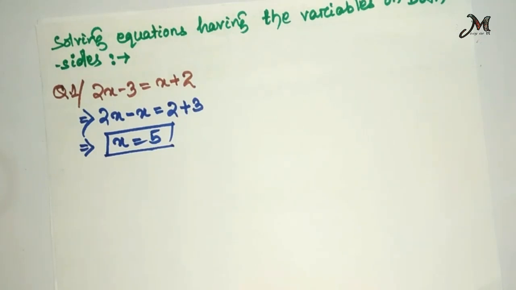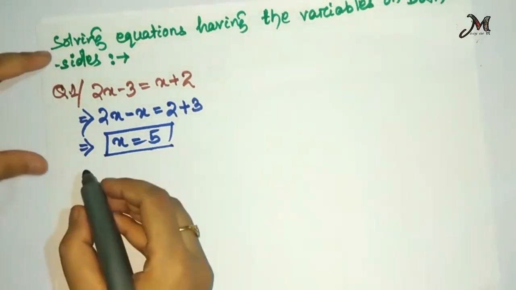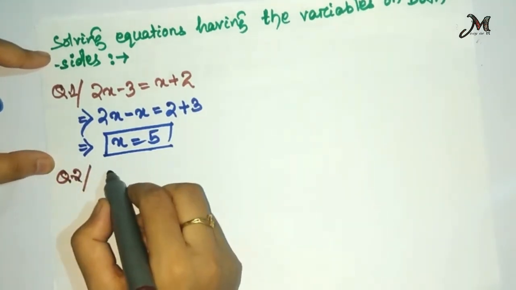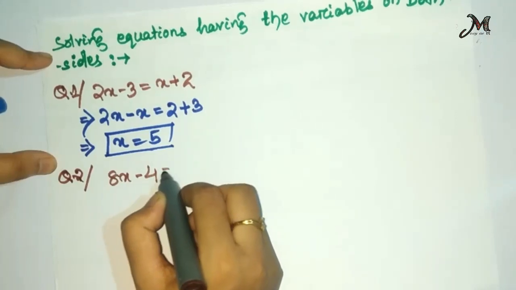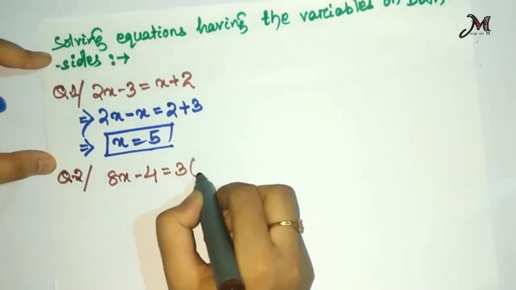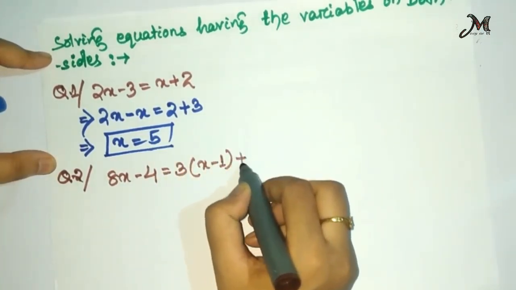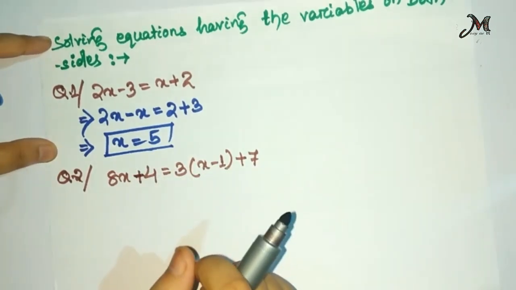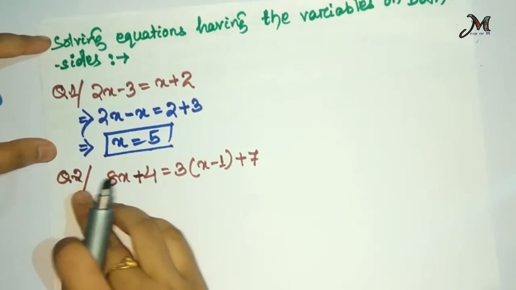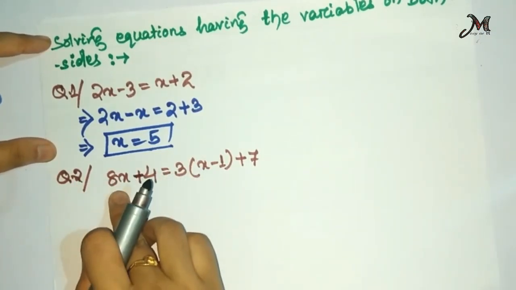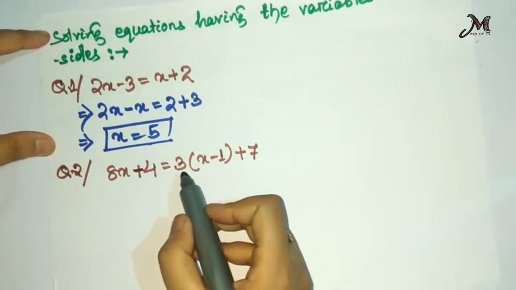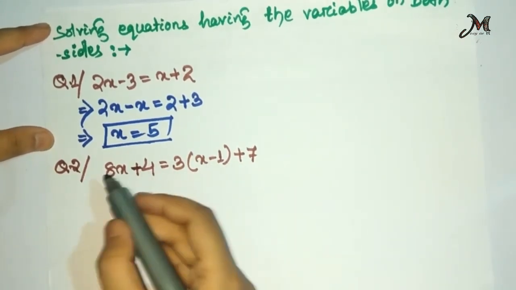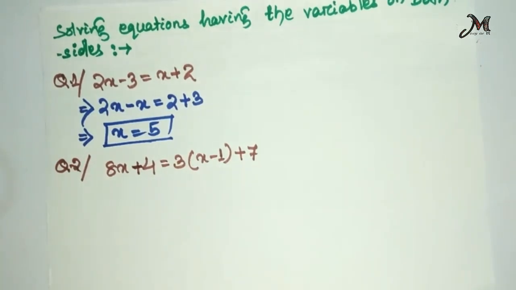Now we'll solve another example. Suppose 8x plus 4 is equal to 3 into x minus 1 plus 7. Okay, we'll solve this.